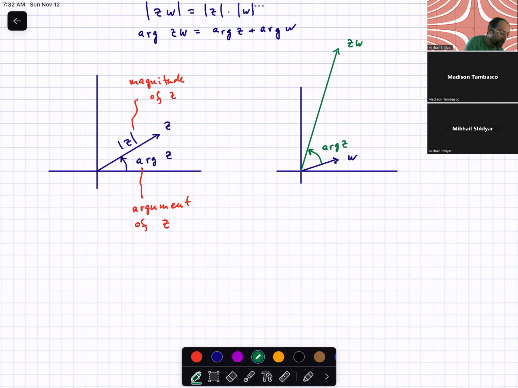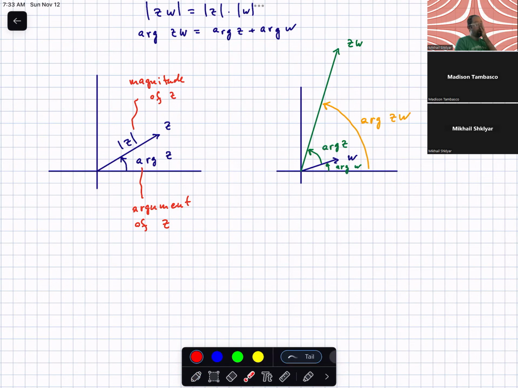So w just got rotated by the argument, or the angle, of z. So the argument of the product is going to be the sum of the two arguments.